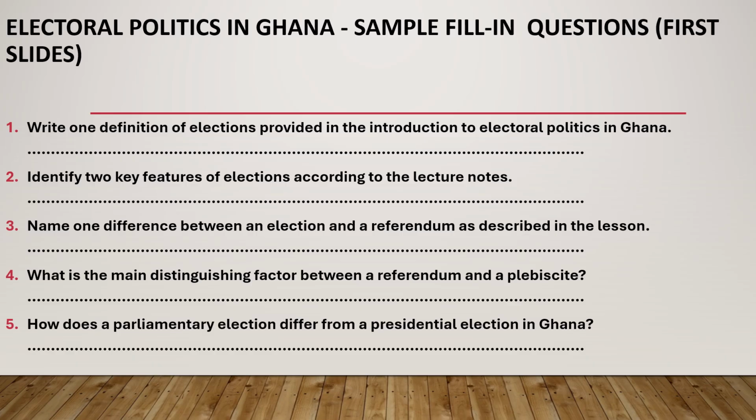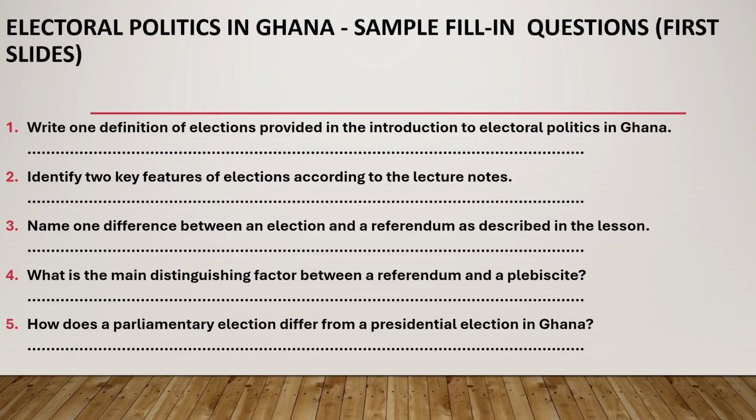Our fourth question has to do with the main distinguishing factor between a referendum and a plebiscite. A referendum is national in scope and involves all voters, right? Whilst a plebiscite is limited to people in a specific part of the country, voting on territory.